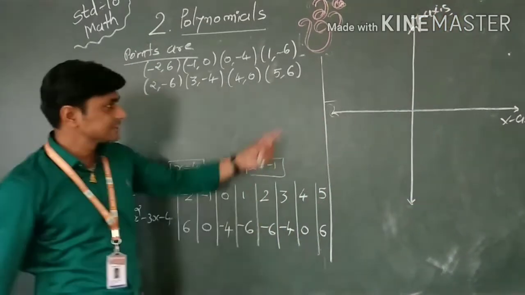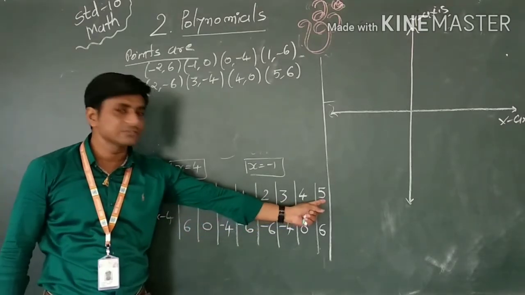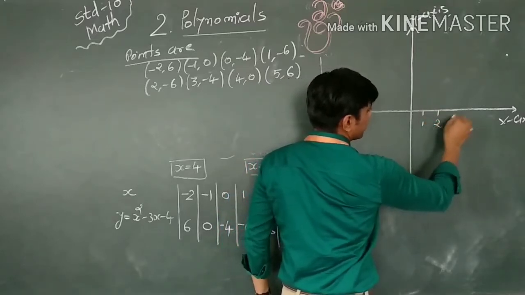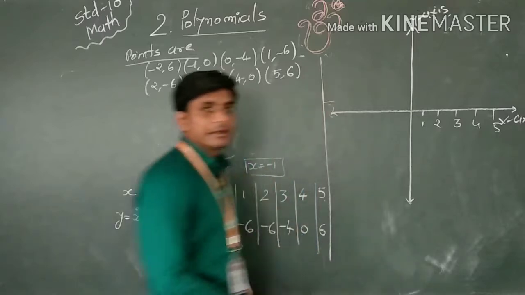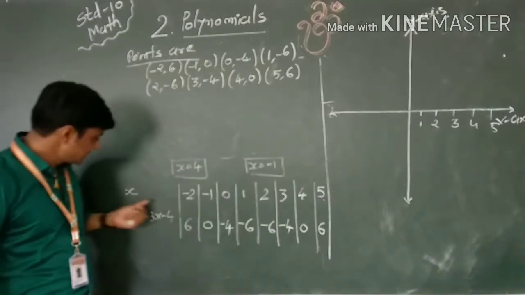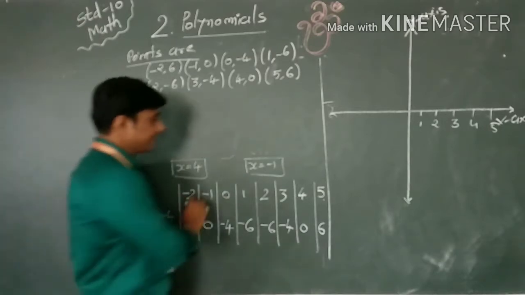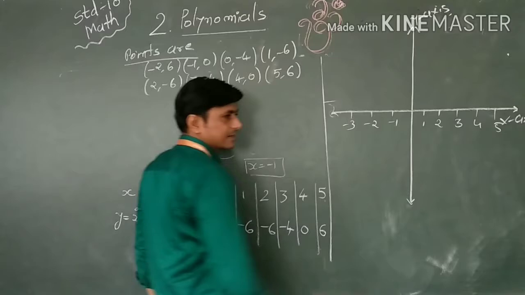Here, what is the maximum positive value of x? The maximum positive value of x is 5. Therefore we go further 1, 2, 3, 4, 5, and so on. And the negative values on the x-axis are -1, -2, -3, etc.